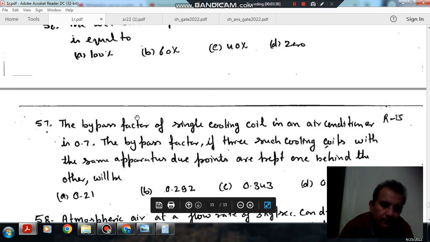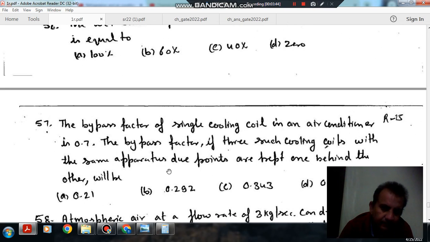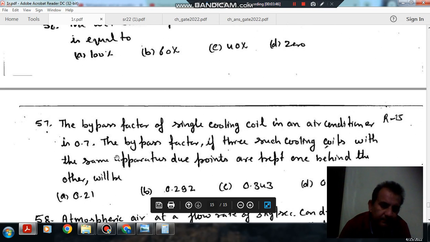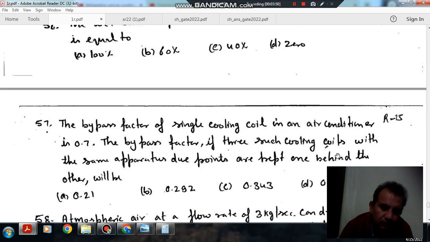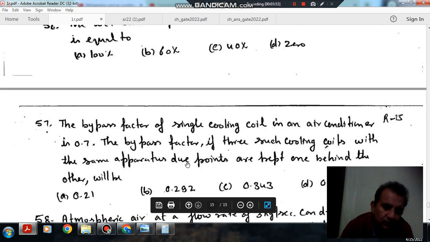Next, the bypass factor of a single cooling coil in an air conditioner is 0.7. What is the bypass factor if three such cooling coils with the same apparatus dew point are kept one behind the other?